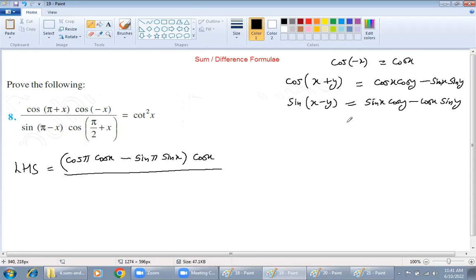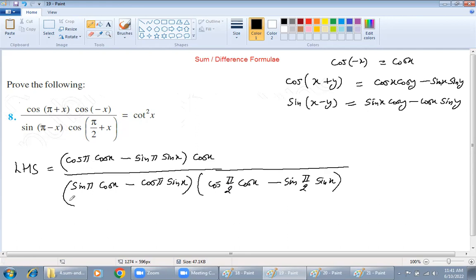This is equal to, so sine of pi minus x form sine pi cos x minus cos pi sine x, and again cos of x plus y form. So cos of pi by 2 cos of x minus sine of pi by 2 into sine of x.